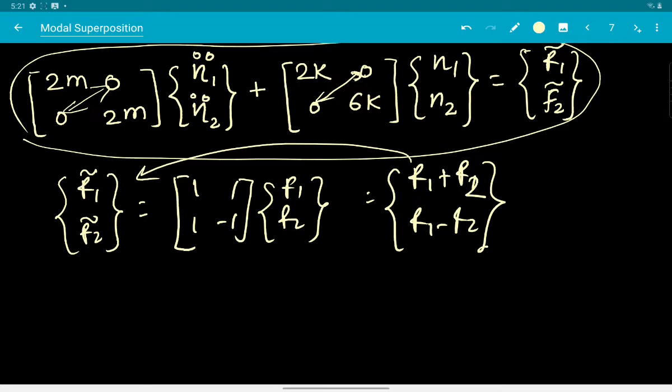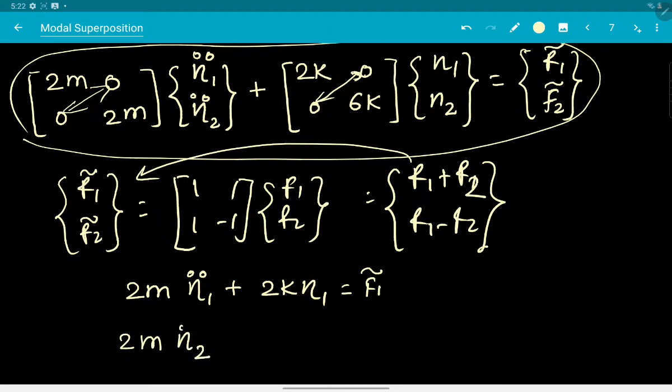Now what two equations do we have? The first equation is 2m times eta 1 double dot plus 2k times eta 1 equal to f1 tilde. The other equation is 2m eta 2 double dot plus 6k eta 2 equal to f2 tilde.